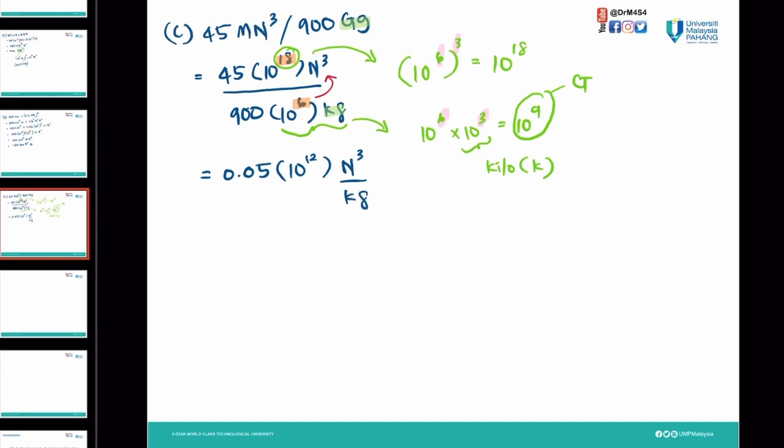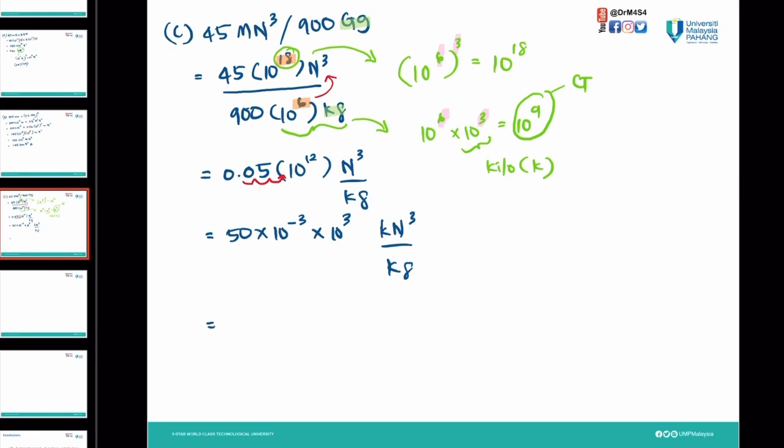Then we need to use the appropriate prefix. So we have to move this point 1 2 3. So we have 50 times 10 power of 3. Then we have 10 power of 3, and we change our unit Newton power of 3 into kilo Newton power of 3 divide kg.